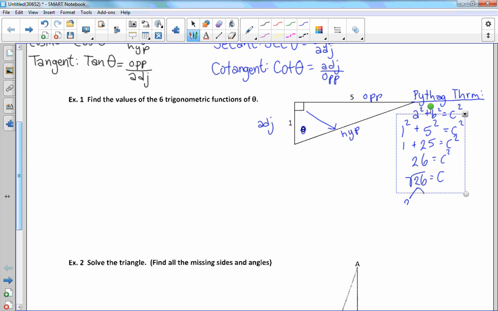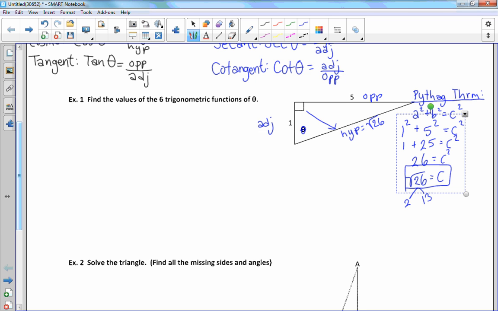So 2 times something. Or what's half of 26? 13. Good. Okay, which one of these breaks down? None of them. Do they match? No. So this is as far as we could go. So our hypotenuse is root 26.